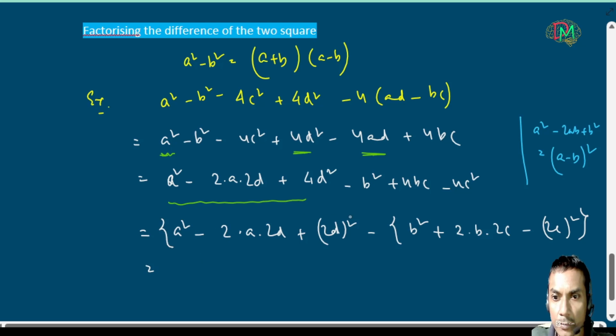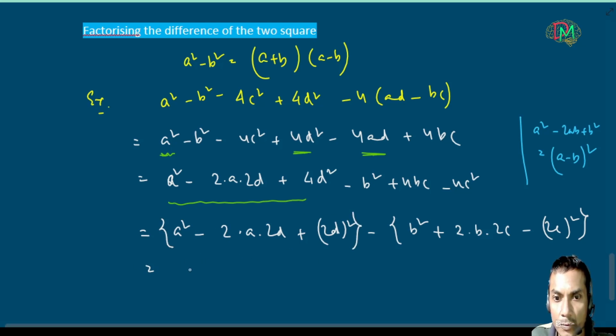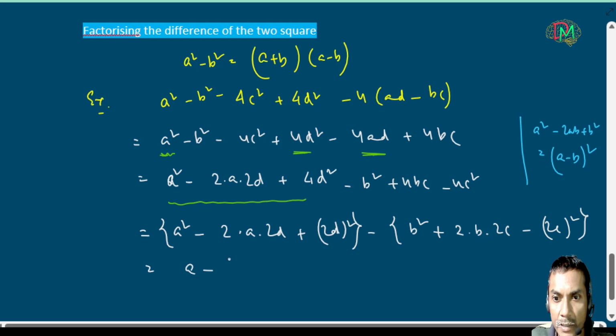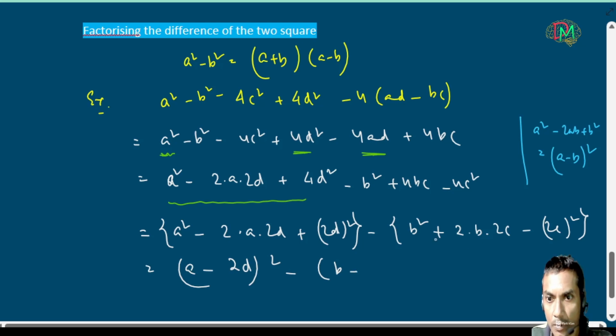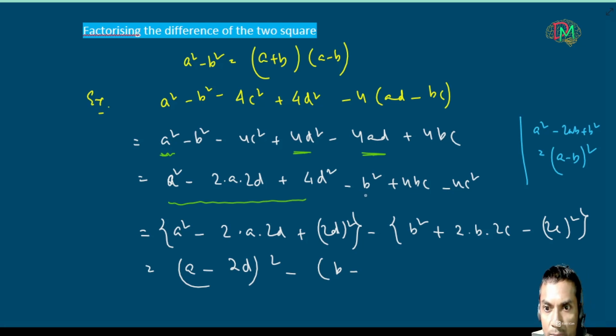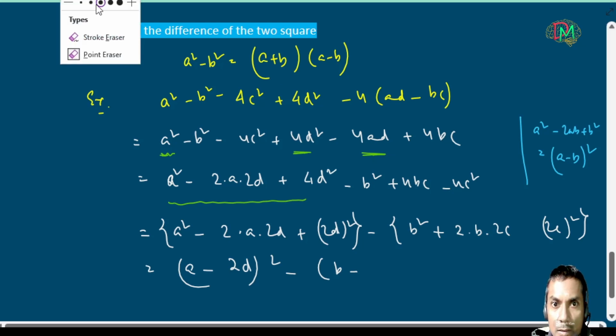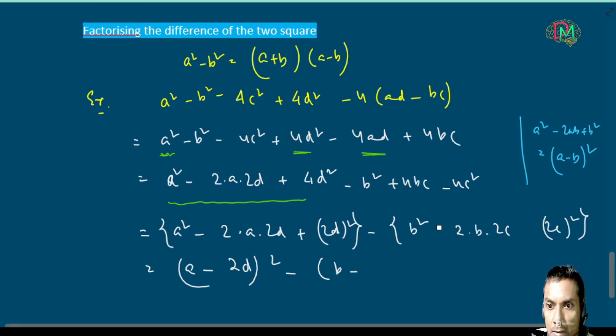So here is one group and here is another group, so it will be (a minus 2d) whole square, and here it will be b. Actually look at this, something is wrong. The bc term will actually be minus, because we take minus common here, it will be plus.